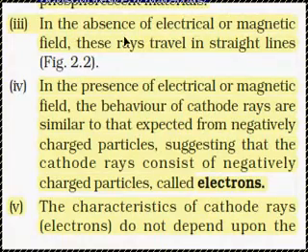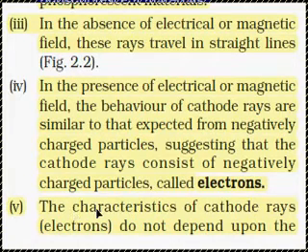Number 3, in the absence of electrical or magnetic field, these rays traveled in a straight line. Number 4, in the presence of electrical or magnetic field, the behavior of cathode rays is similar to that expected from negatively charged particles, suggesting that the cathode rays consist of negatively charged particles and they were called electrons.